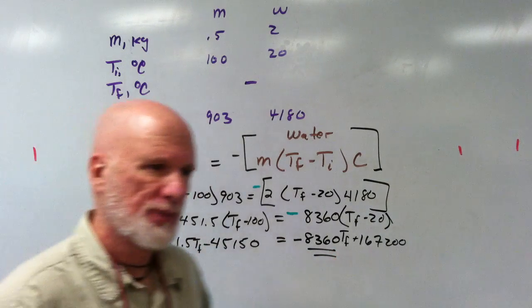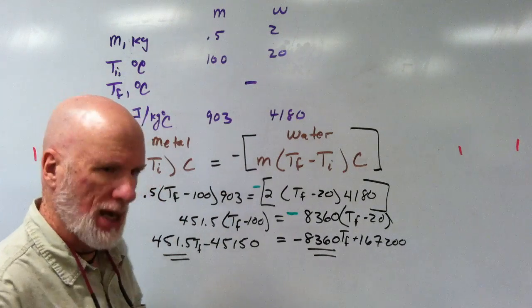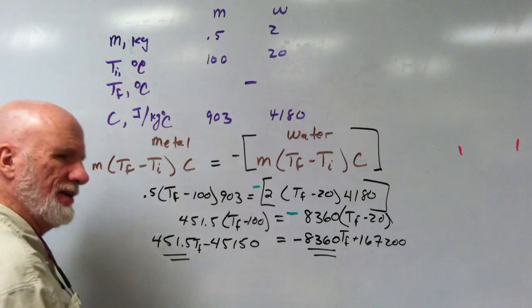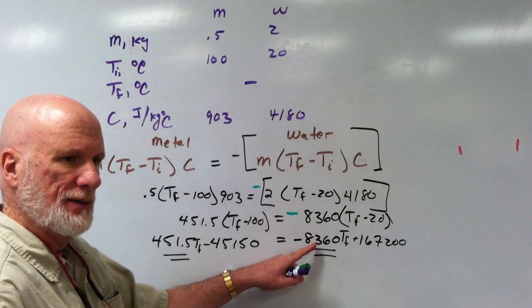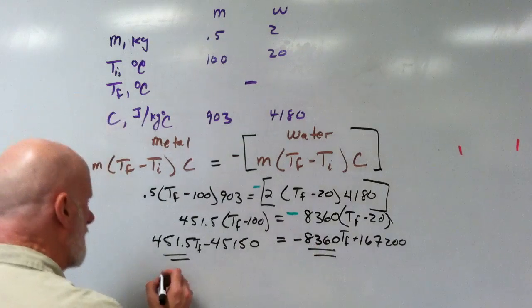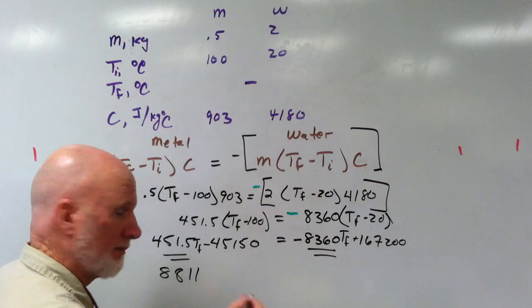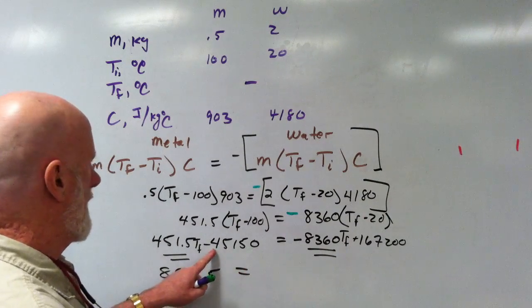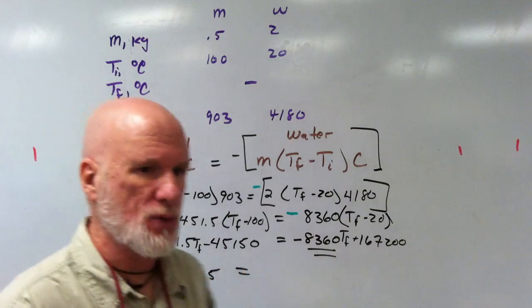What's that going to be? 451.5 plus 8360 is 8811.5 TF. And then you want to add 45150 to both sides. What do you got?